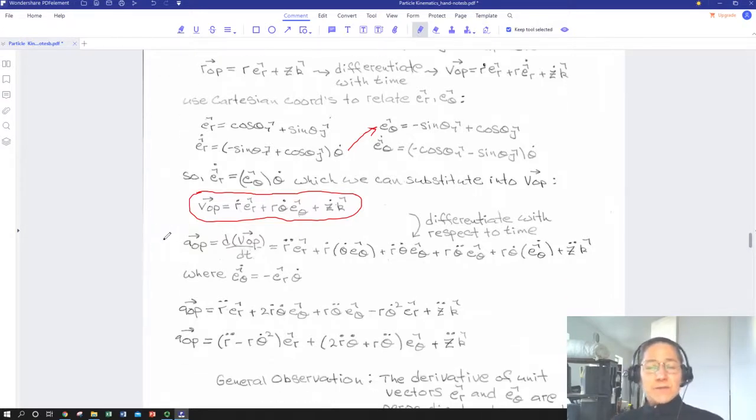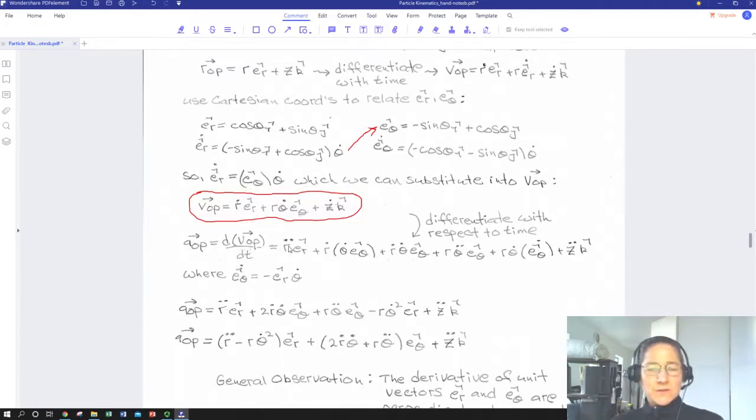So we're going to go back to our rules for taking derivatives of sums and products, and in this case we've got scalars multiplied by unit vectors, which are pretty easy. So I'm going to say the acceleration of point P with respect to O is going to be the first time derivative of this expression up here for velocity. So I'm going to take the time derivative term by term. I have a product here: dr dt times unit vector r.